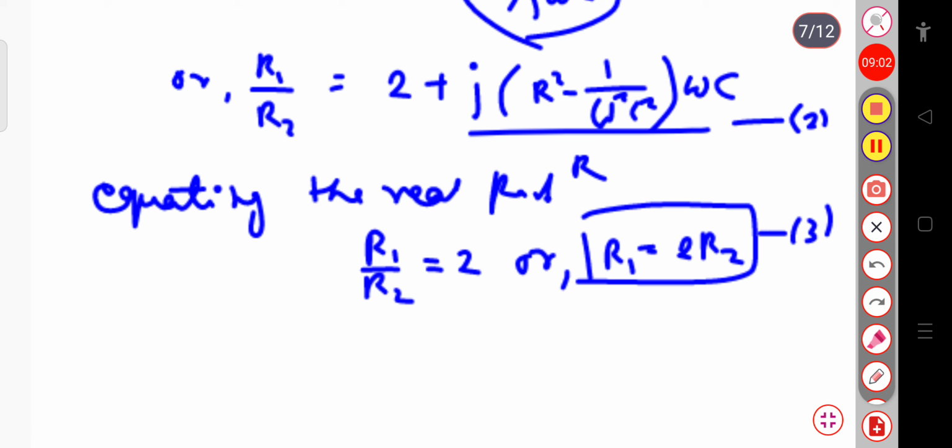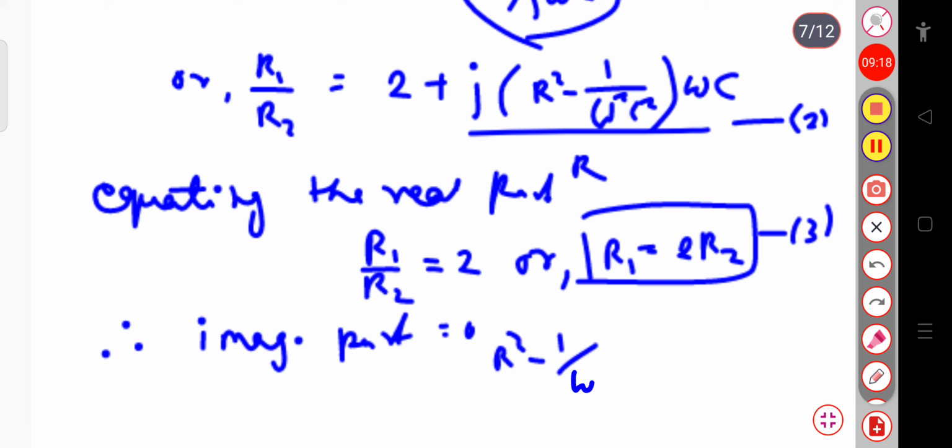Now if I equate the imaginary part, the imaginary part will be equal to 0. From equation 2, I can write R square minus 1 by omega square c square whole into omega c divided by R, that is equal to 0.